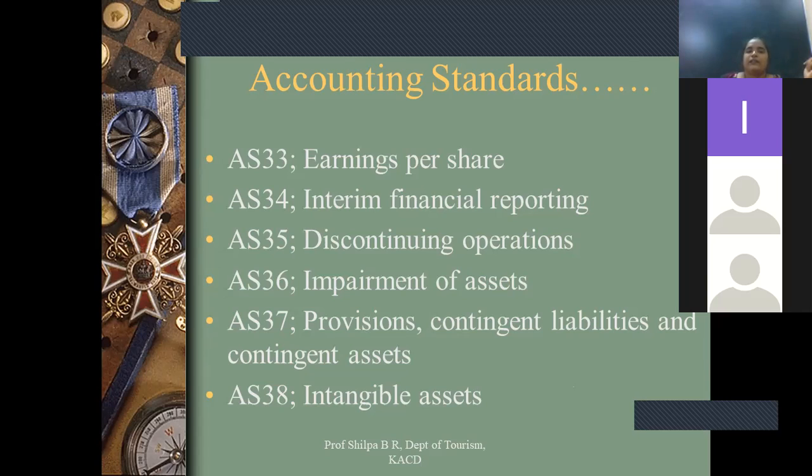Then in accounting standard 36, we are talking about details about assets, their impairment. Impairment means if there is any renovation, or you are changing it, or you are upgrading it, or it is old and you are discarding it, all such details are given under accounting standard 36.